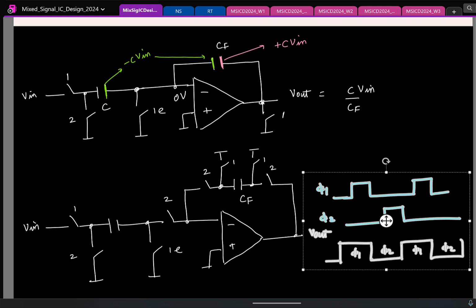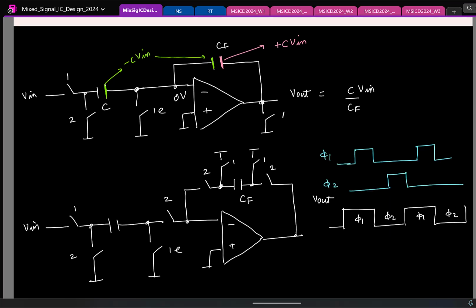So here, if you notice, when is my input getting sampled? At the end of clock phase phi 1 is when my input is getting sampled. And when is the output available? It's not at the start of phi 2. Phi 2 is when you are doing it. So in principle, at the end of phi 2, it is available, right? I mean, now we have ideal switches, but if it's real switches, it will take some time to charge, discharge, and so on.